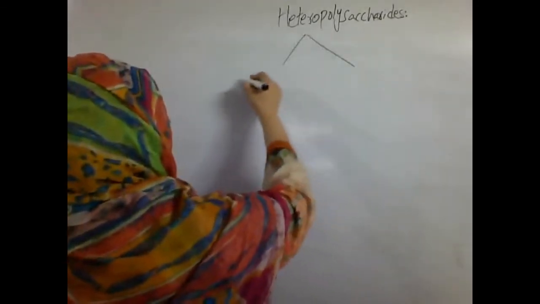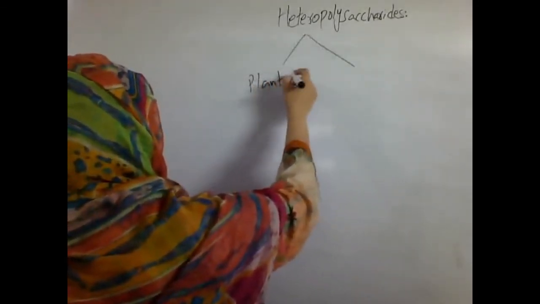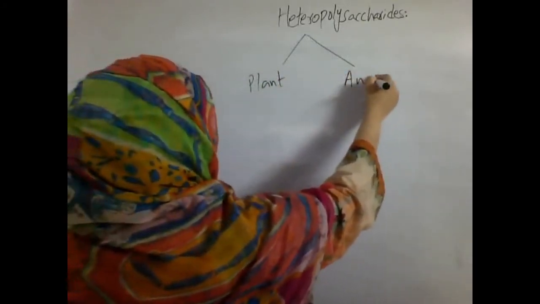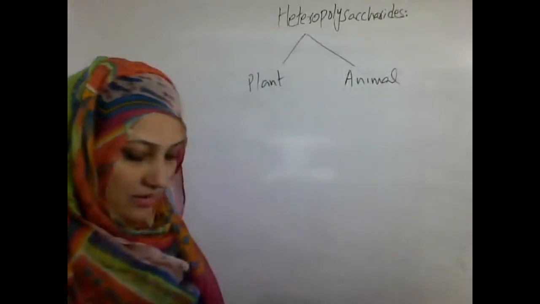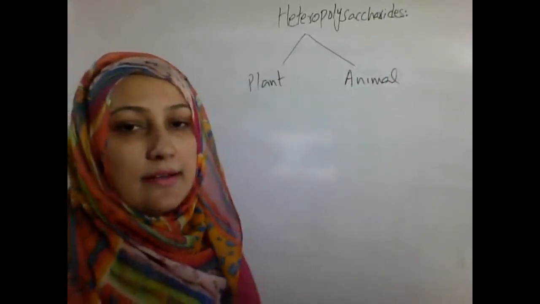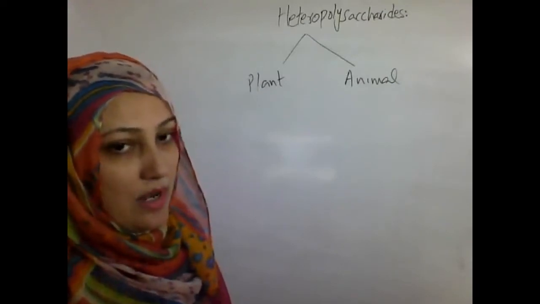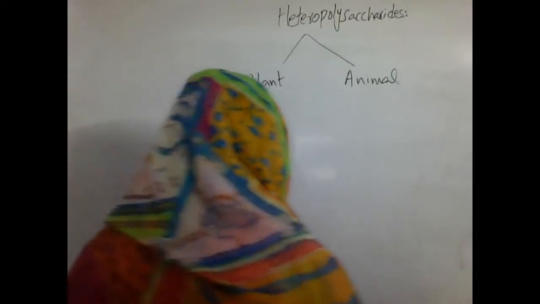They are of two different origins, plant and animal. Depending upon their source, they are classified into plant heteropolysaccharides and animal heteropolysaccharides.